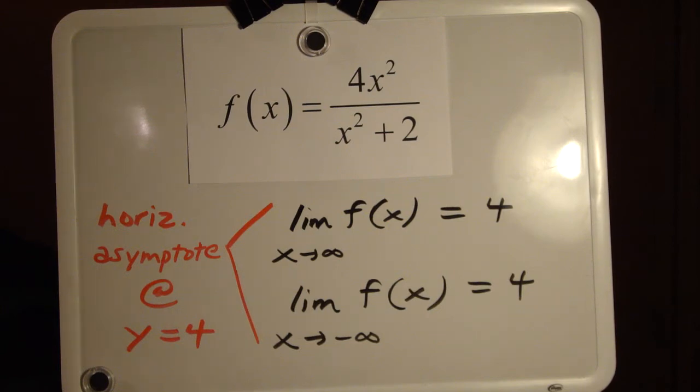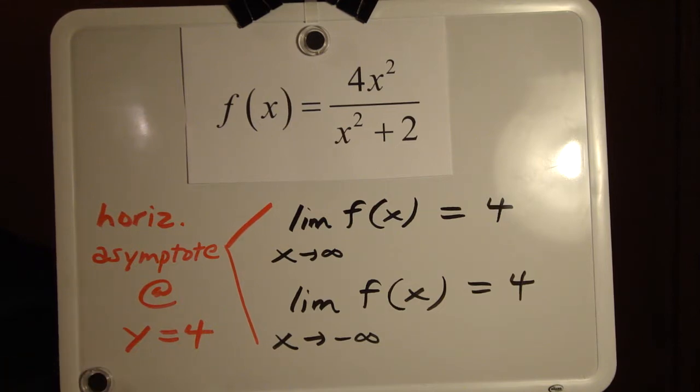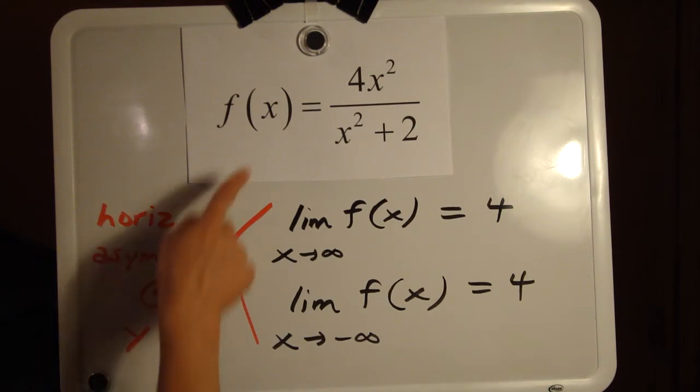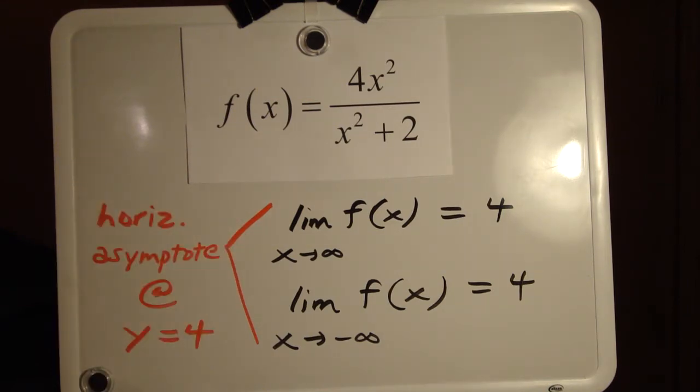Because if you try to imagine this, x is getting big and the function is settling down around 4. The y values are very, very close to 4, and the graph of this function is starting to look like a horizontal line. Hence the horizontal asymptote at y equals 4.